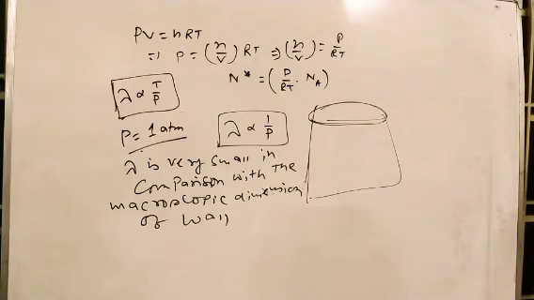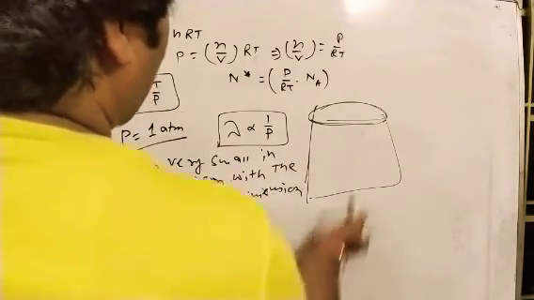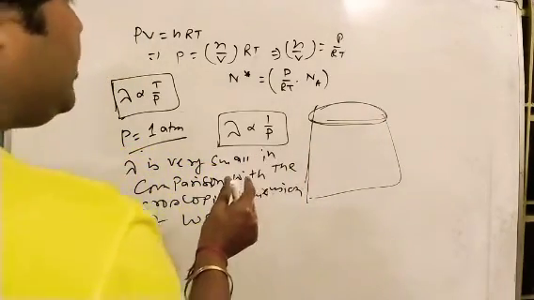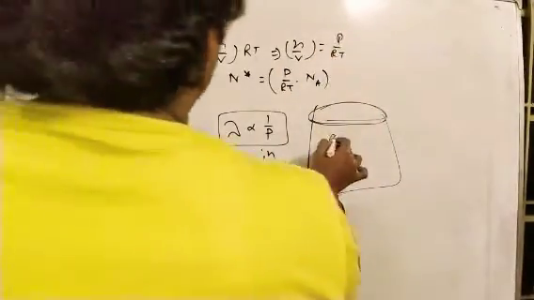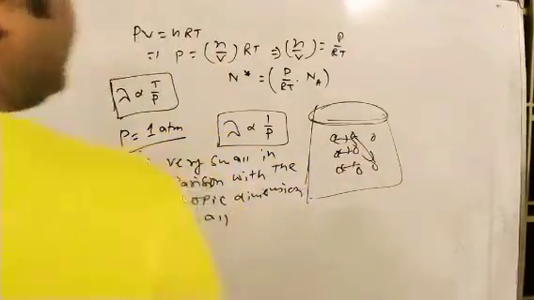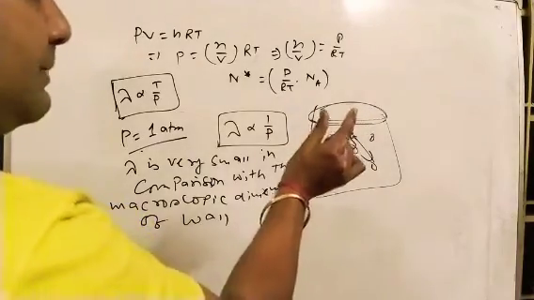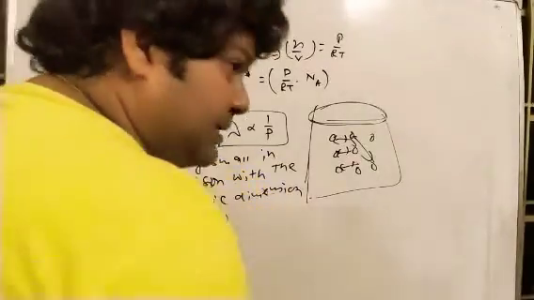Are you getting my point? So in this particular case, the dimension is so high and lambda is so small in comparison to the dimension that the molecules will prefer to collide among themselves without traveling that dimension, which is very far compared to their mean free path. That means they are traveling very little distance in comparison to the dimension of the container.